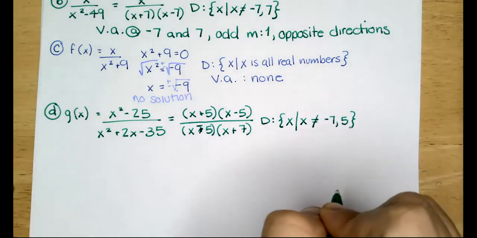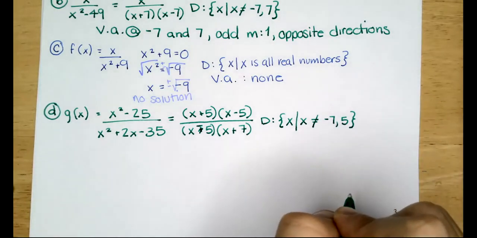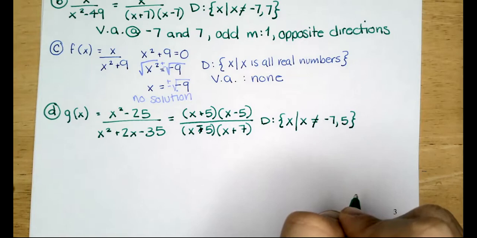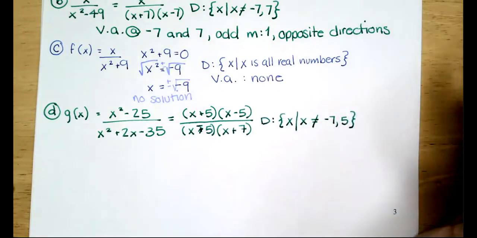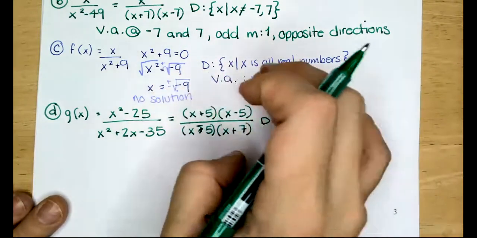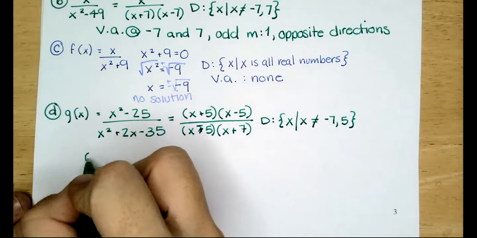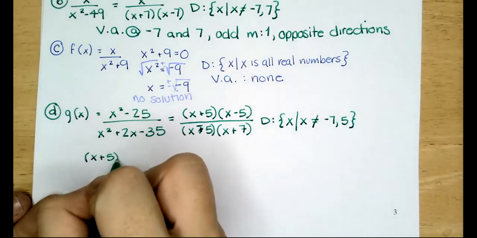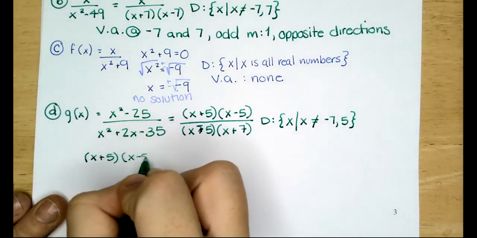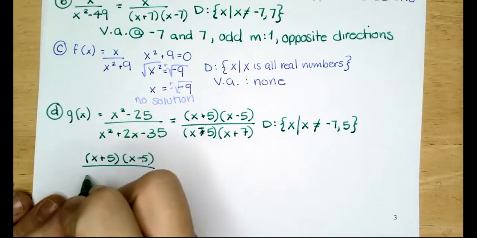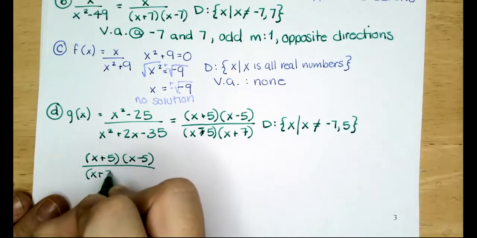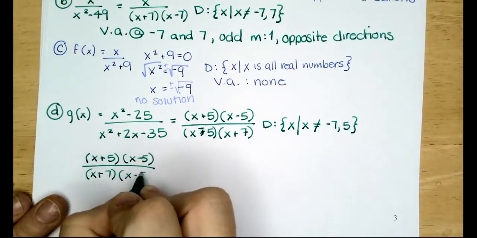But remember we said the vertical asymptotes are only after it is reduced as much as possible, simplified as much as possible. Is there a way to simplify this? There is, so I'm going to rewrite it. x plus 5 times quantity x minus 5 over x plus 7 times the quantity x minus 5.